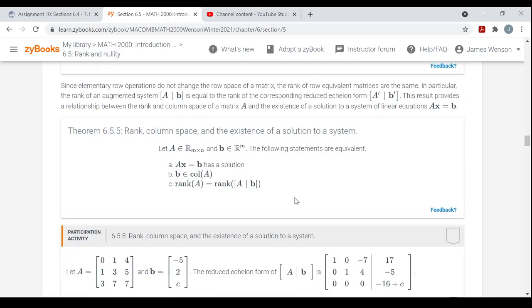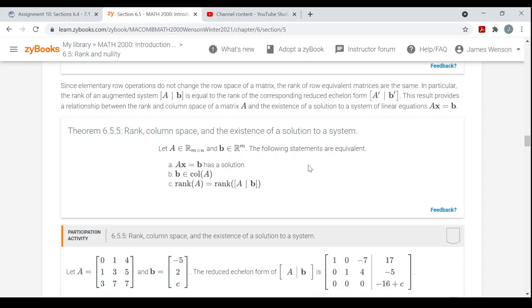Okay, so reading through this, they're telling you, again, the relationship between rank and the existence of a solution to a system, A times X equals B. So if A is some m by n matrix and B is an m component column vector, then the following statements are equivalent.